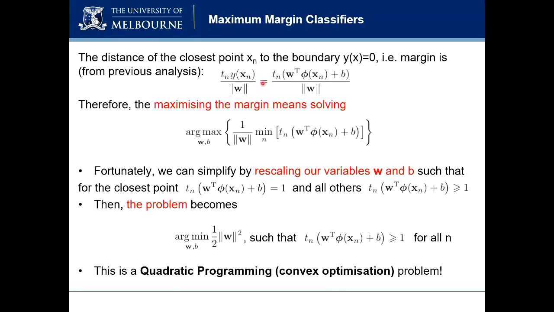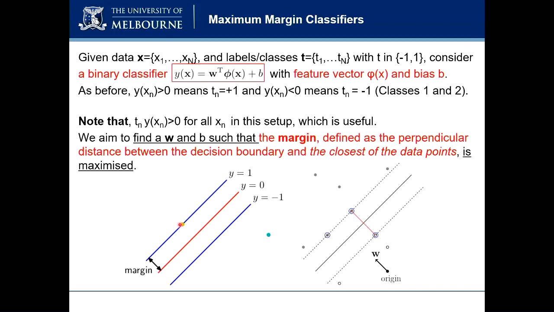That means we can scale them in such a way that for the closest point, this equation equals 1, and for all others it will be greater than or equal to 1. I make this quantity 1 for the closest point, and then everyone else will be farther away.